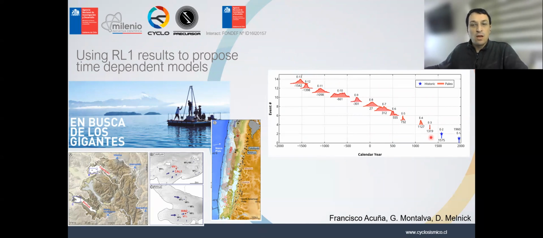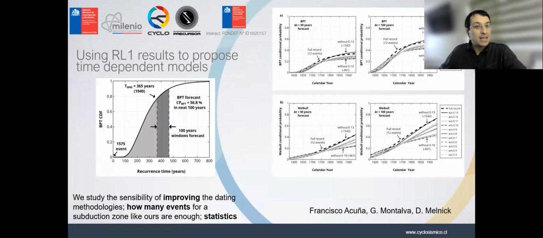This is for the area of the 1960 event, which we have used for the proposal of time-dependent models, these recurrence models that consider the time of the last event as a good indicator of how soon we'll have the following event.